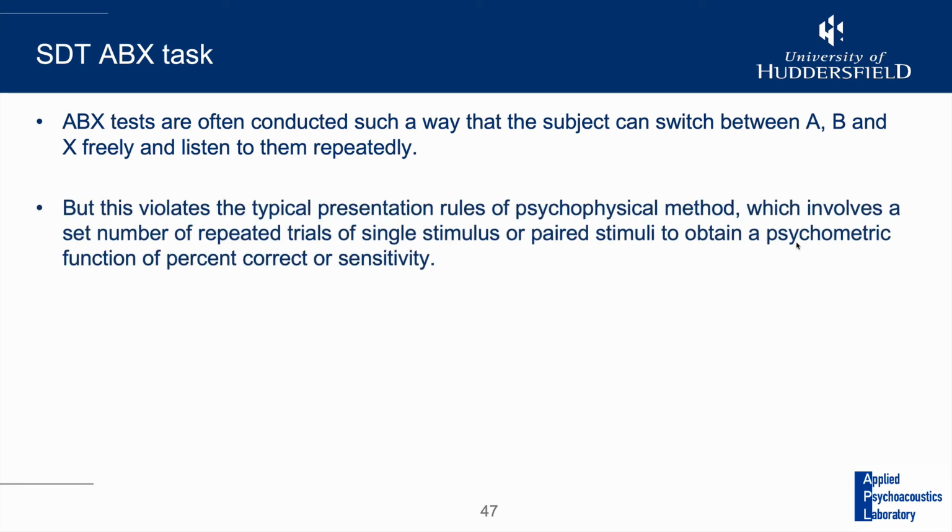But this actually violates the typical presentation rules of psychophysical method, which involves a set number of repeated trials of single stimulus or paired stimuli to obtain a psychometric function of percent correct or sensitivity.